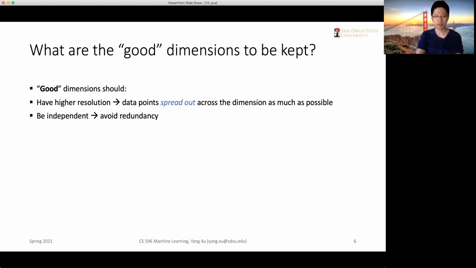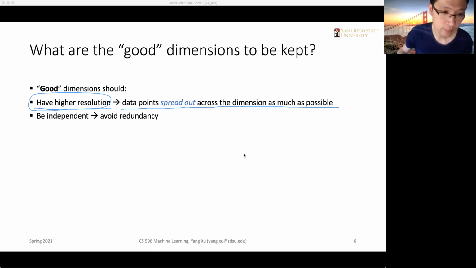So basically speaking, the general principle is that if we have a dimension along which the data have very high resolution, which means the data points along that dimension spread out a lot, they are scattered basically, then we say that dimension is very informative in terms of describing the data, right?